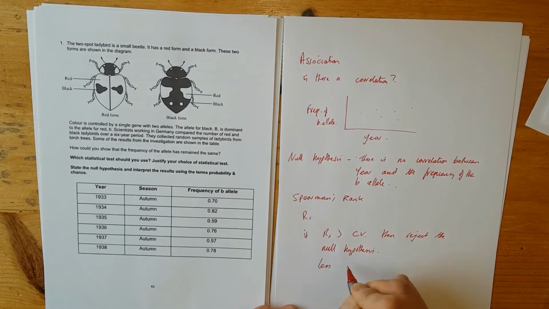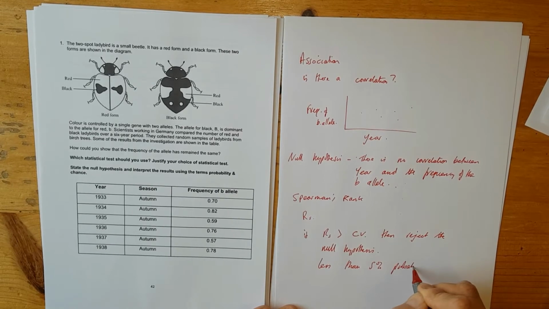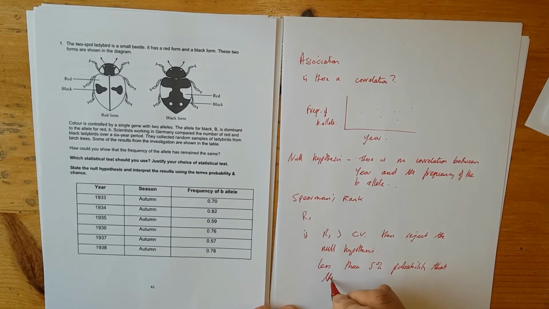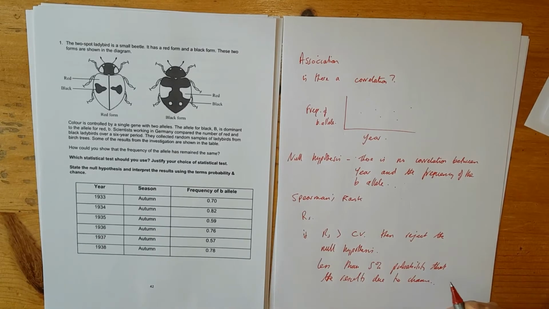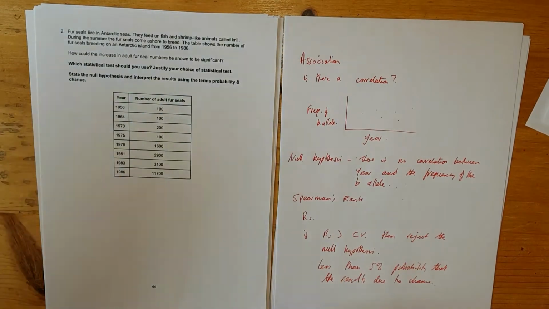So there'd be less than 5% probability that the results are due to chance. So that's the first example that we can see.